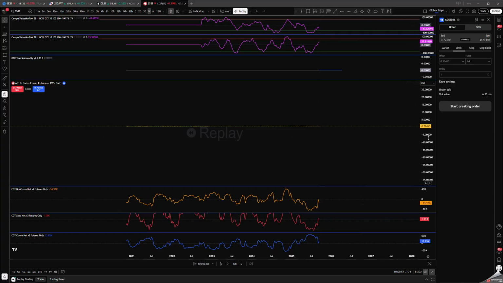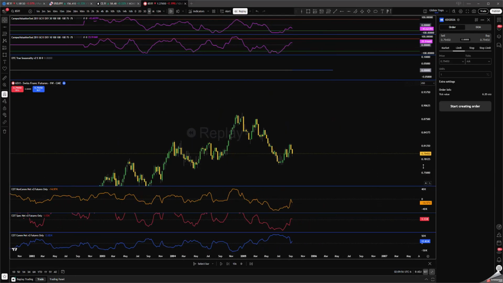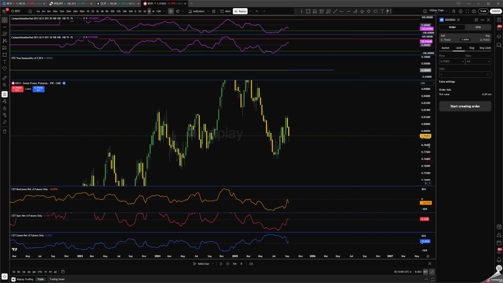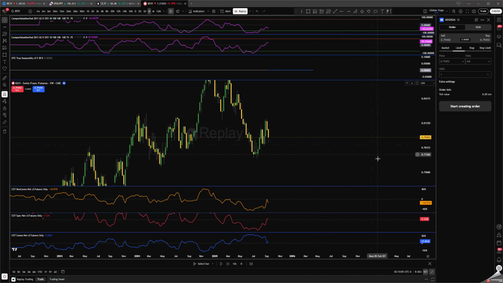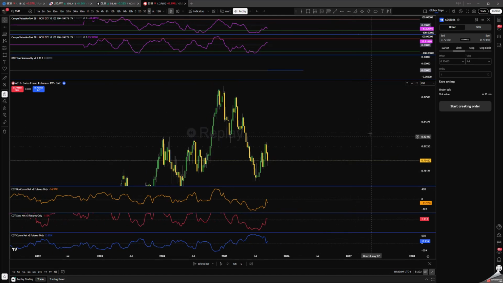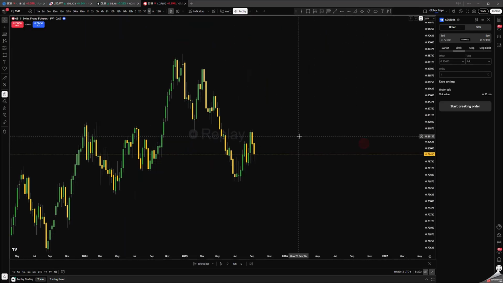Now, let me go to the chart and identify a recent good quality supply zone and a recent good quality demand zone. I will look at the COT report after I mark my zones. So there's the first zone here.